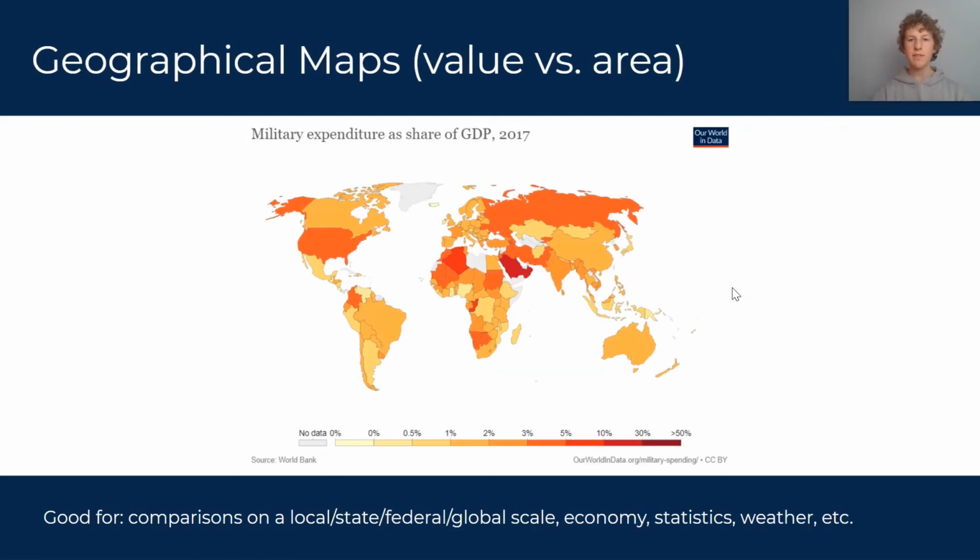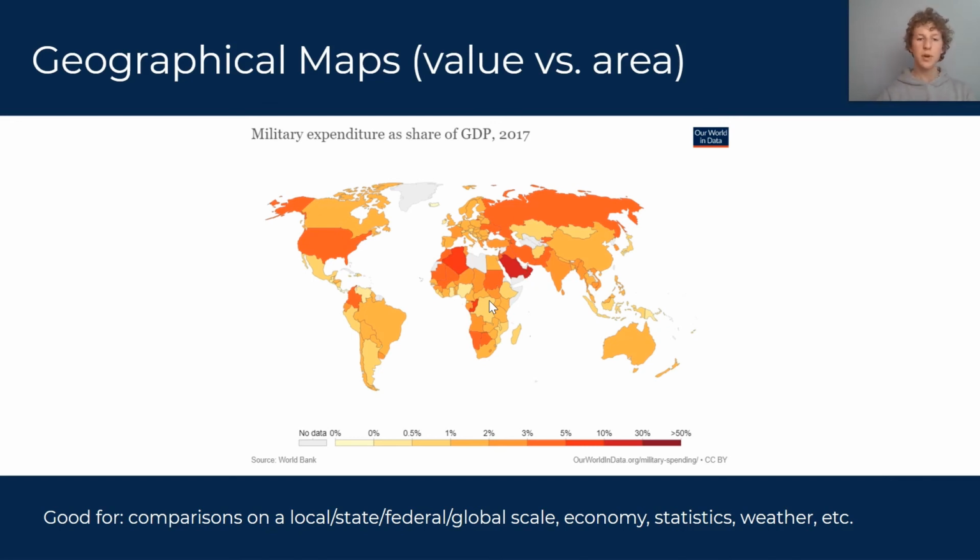Geographical maps measure a value over some area, and that could be as small as a city or counties or states or a continent or the whole world. And you can see in this one, it's a heat map, which we'll get into next, but it's categorized down here with the key by the color of the country indicates the percent military expenditure as a share of its GDP.